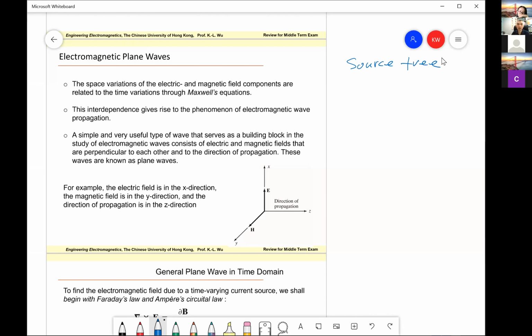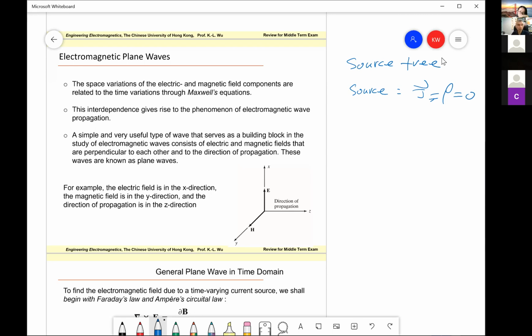What is a source? We have 2 kinds of source: one is current, one is charge density. In a source-free region, these are equal to 0. No current, no charge distribution.